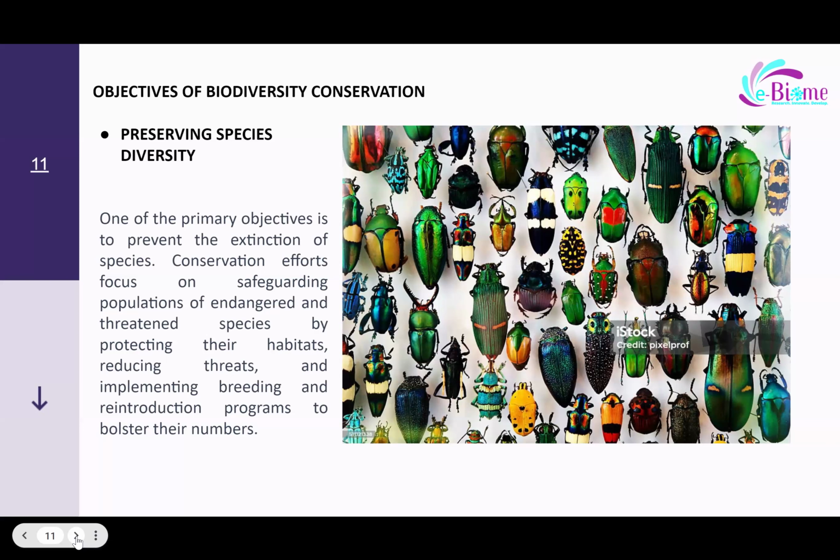Conservation efforts focus on safeguarding populations of endangered and threatened species by protecting their habitat, reducing threats, and implementing breeding and reintroduction programs to bolster their numbers. Sometimes some species that already existed in a particular landscape or ecosystem got extinct because of human influence.